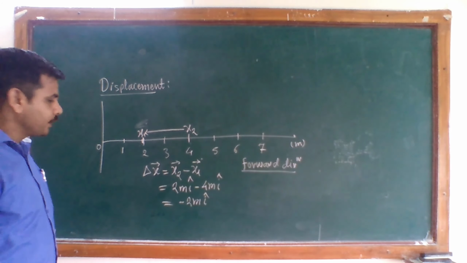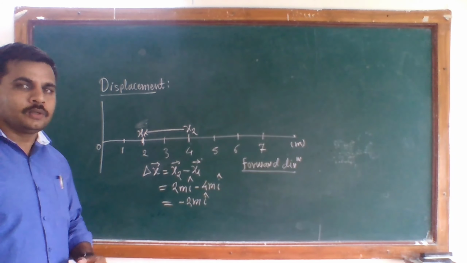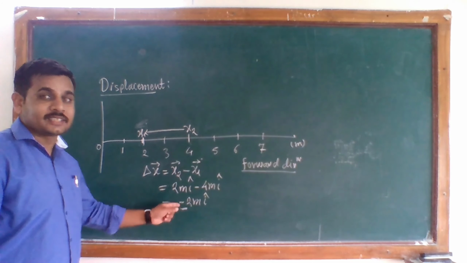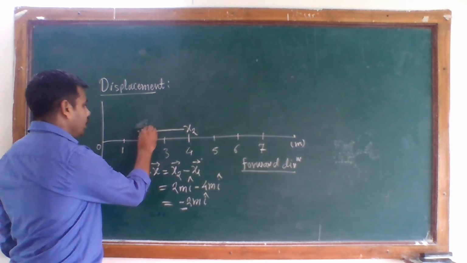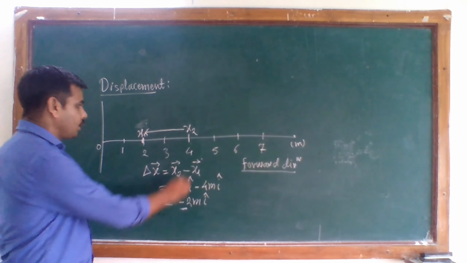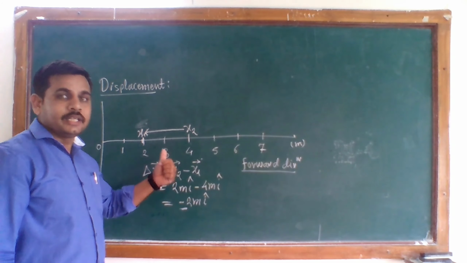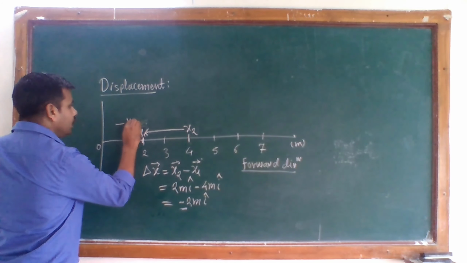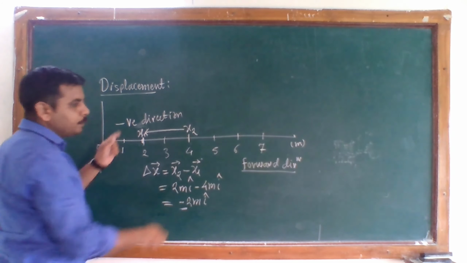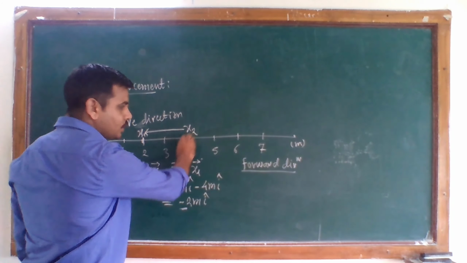So here you get a negative value. So what is meant by this negative value? This sign indicates that your car or your object changes its position from x2 to x1 in a reverse direction, or you can say in a negative direction. In the first case, your object or car changes its position from x1 to x2.